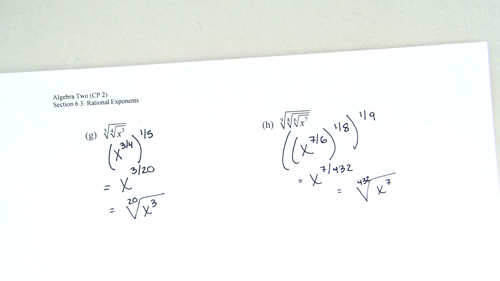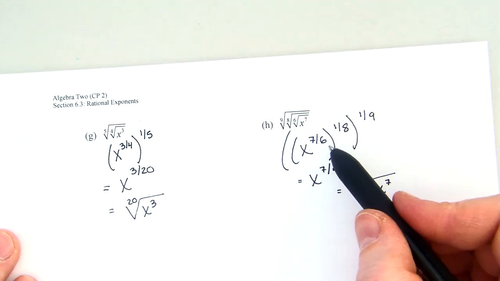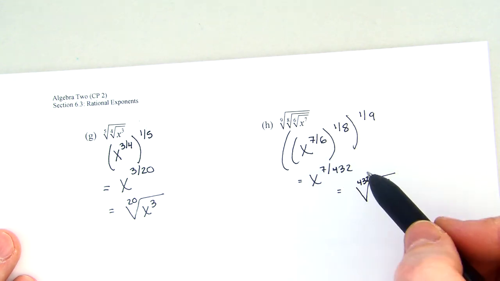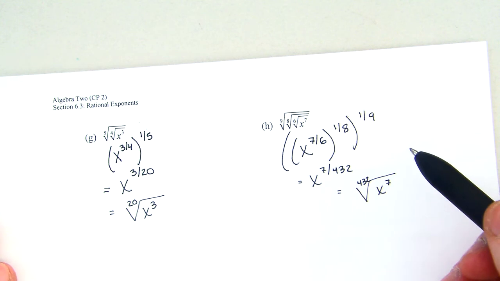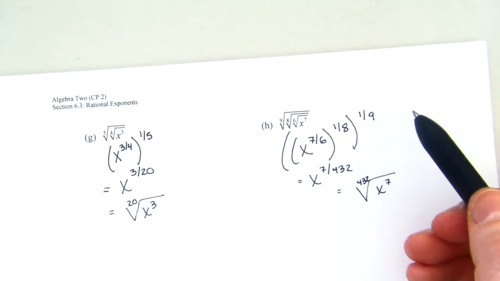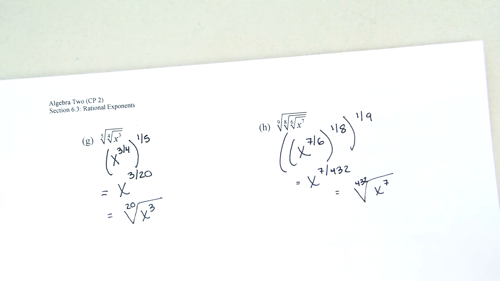Say that one more time. Did you still get the same? Yeah, absolutely, that's fine. You can multiply these and then multiply the answer by 1/9, or just multiply all three at the same time. Doesn't matter, you'll still get the same answer.